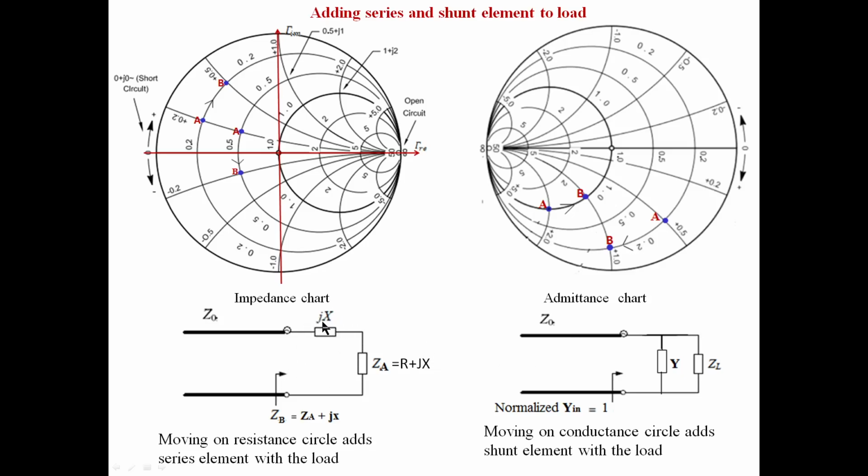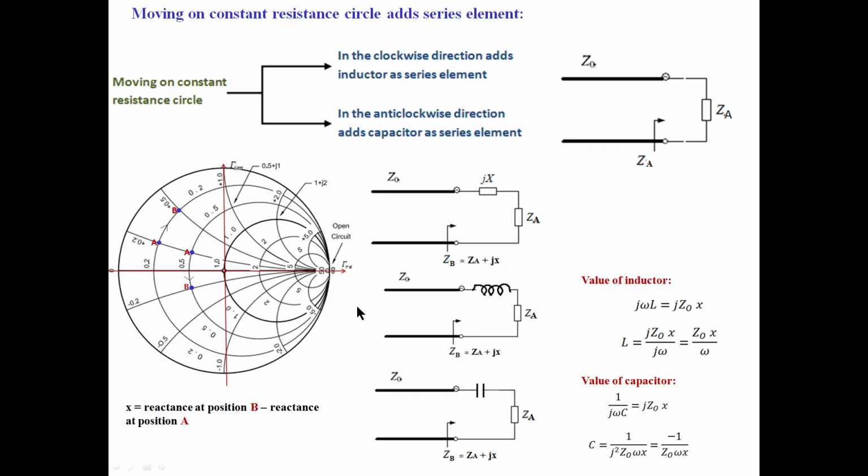Series reactance value will be added along with the load. Resistance value remains the same, but reactance changes. If you move positive in the clockwise direction, an inductor will be added, that we were studying in the earlier class.